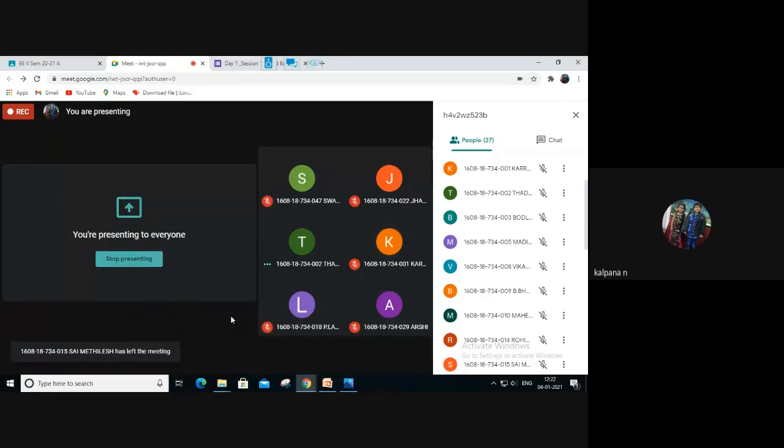What is interfacing? Process of connecting external devices to the memory, not processor. Here, processor. We are studying about the processor.